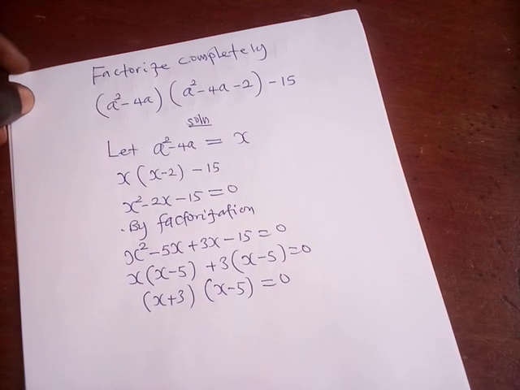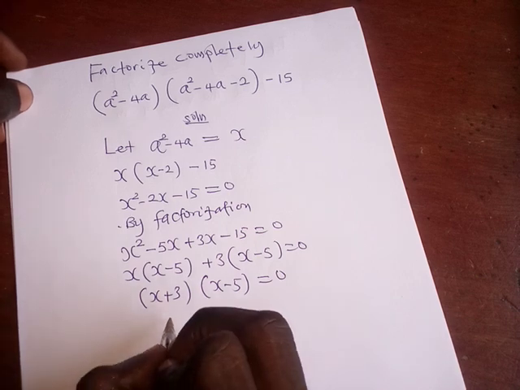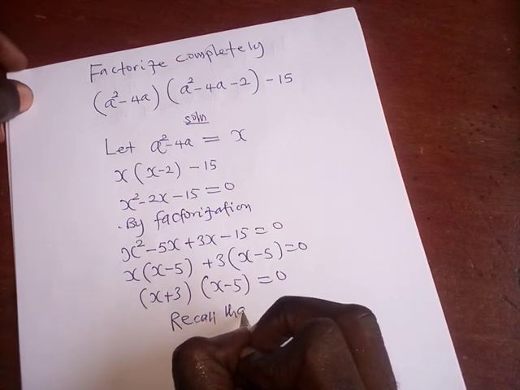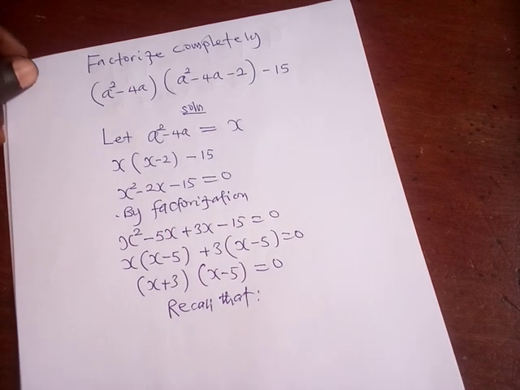So it means we have factorized the given equation, but recall that since we already let a² − 4a be x, anywhere we see x, we are going to substitute it with a² − 4a. That's exactly what we are going to do.